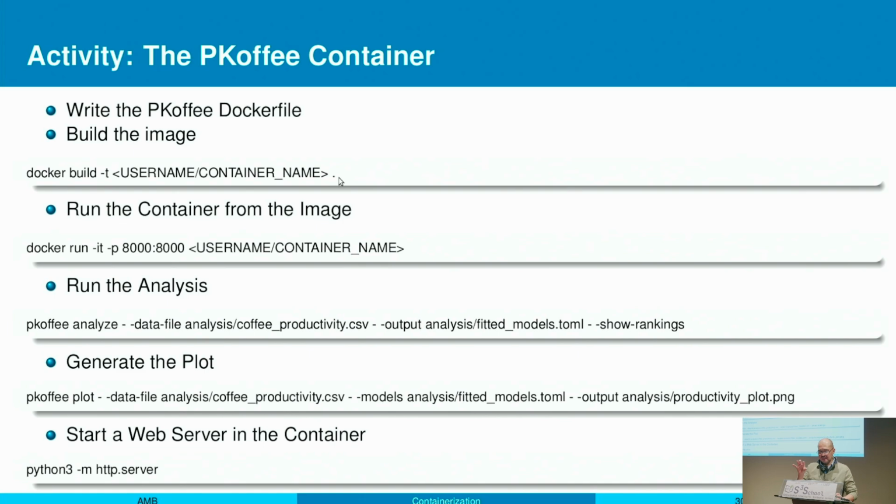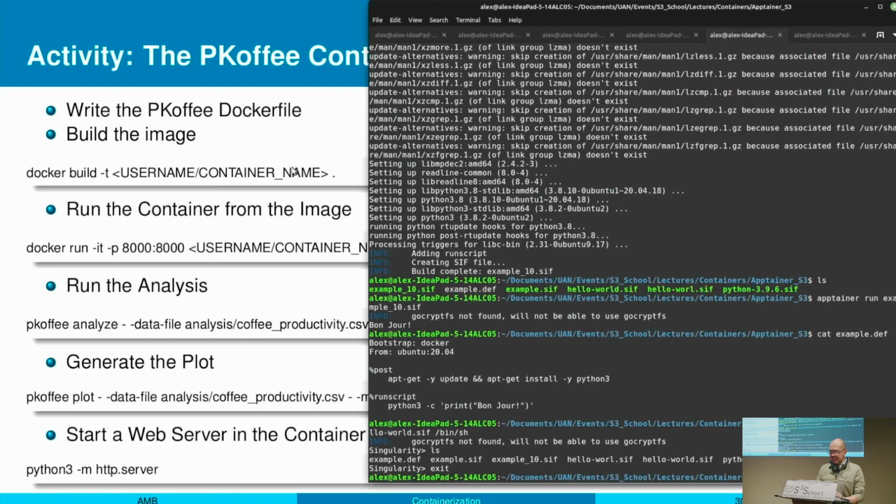It looks for the Dockerfile in the directory where you're running this command. I'm not going to do that part, it takes a couple of minutes. Again, that's my version. You can develop your version, I'm sure much better and much lighter than mine. And then we can run that image.